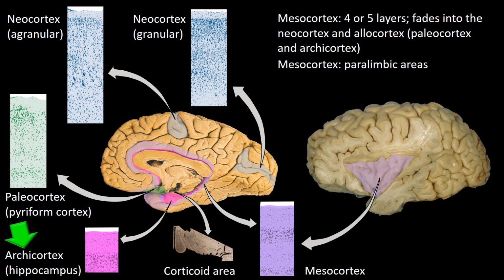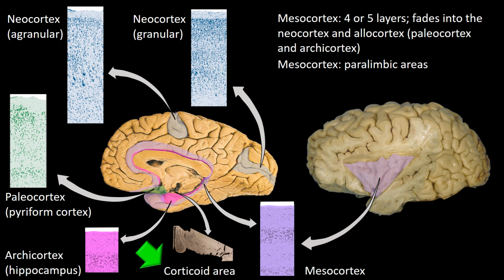The archicortex is constituted by the hippocampal formation. The archicortex is considered by some, but not most authors, the evolutionary oldest cortex. It has 3 layers in most textbooks. The paleocortex also has 3 layers, and together with the archicortex is called the allocortex. The paleocortex is found in the primary olfactory cortex and related olfactory cortical regions.